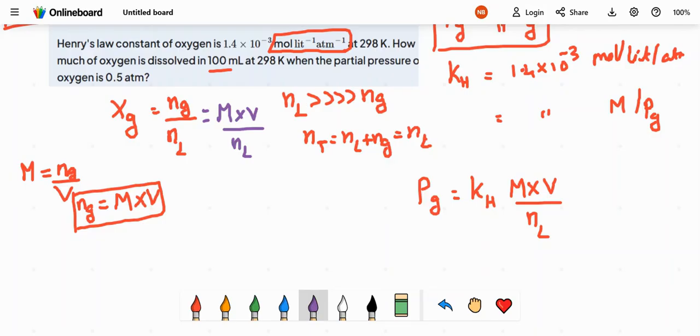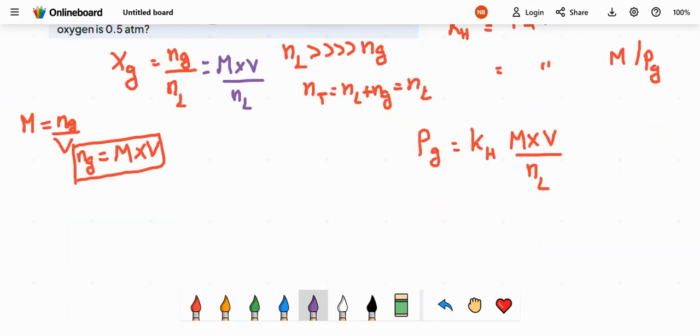And one more thing, so real KH for ourselves, this formula suits for real KH. Our real KH will be partial pressure of the gas divided by mole fraction of the gas.